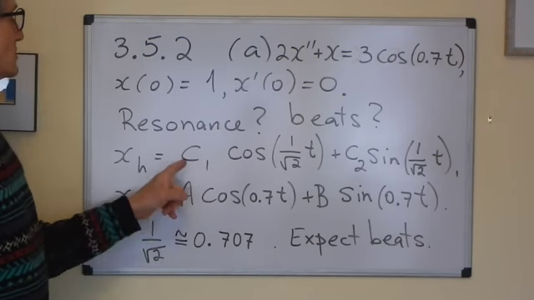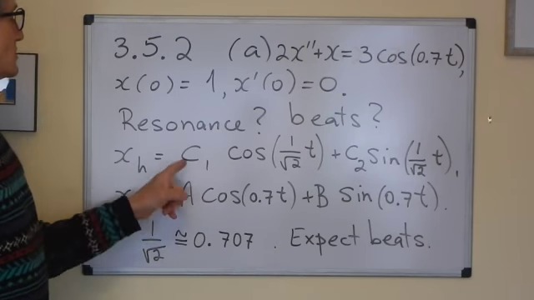And this from just putting in the solution, and the right-hand side is supposed to be 3 cosine 0.7t. So let's see, the coefficients of cosine are minus 2 times 0.49, or minus 0.98 A over here, plus A over here, so that's A times 0.02 on the left, and that's 3 on the right.